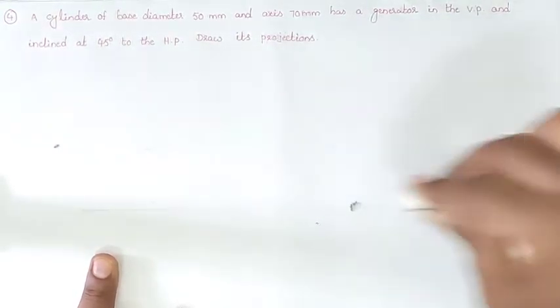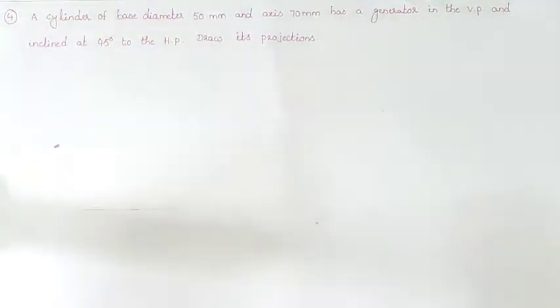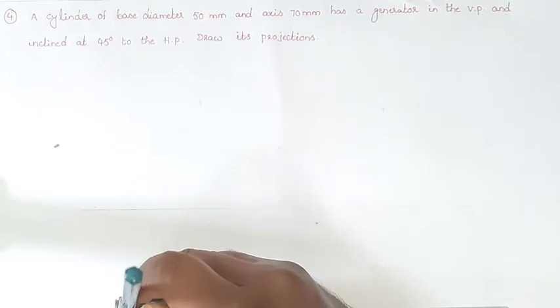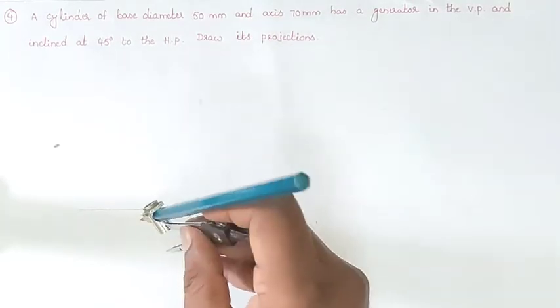So first of all, we will draw the top view of our diagram before drawing the reference line. I am taking the 25 mm radius and drawing the top view of our diagram as a circle.